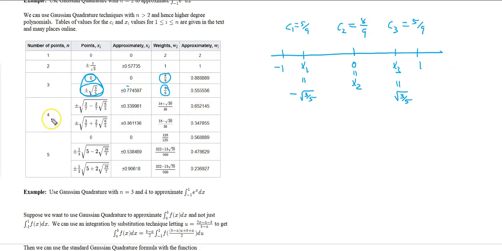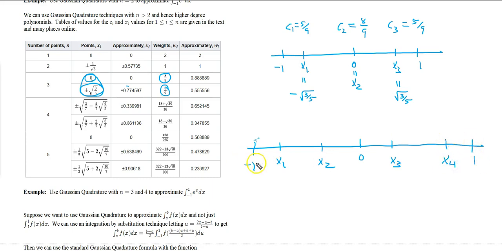And then, if you assume that the n is 4, what you get are these values. So looking at this table here, you see the x1 is going to be negative 0.86, and the exact value for that is given by this formula right here.